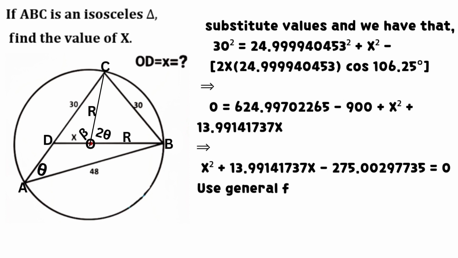The sum of the square of x and 13.99141737 times x minus 275.00297735 equals 0.